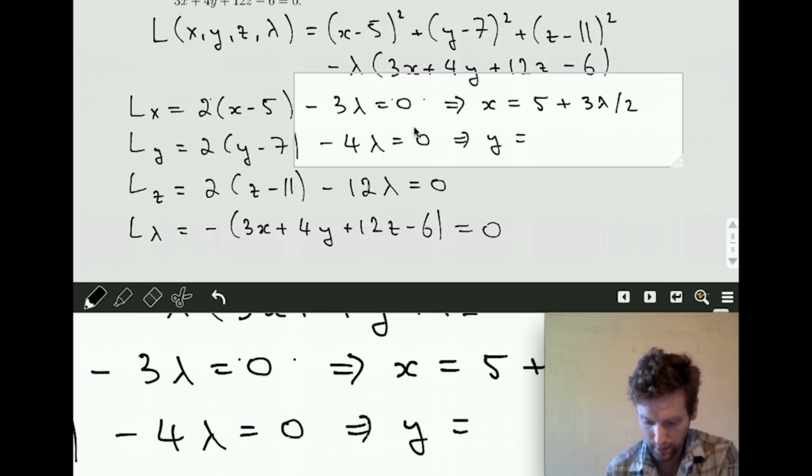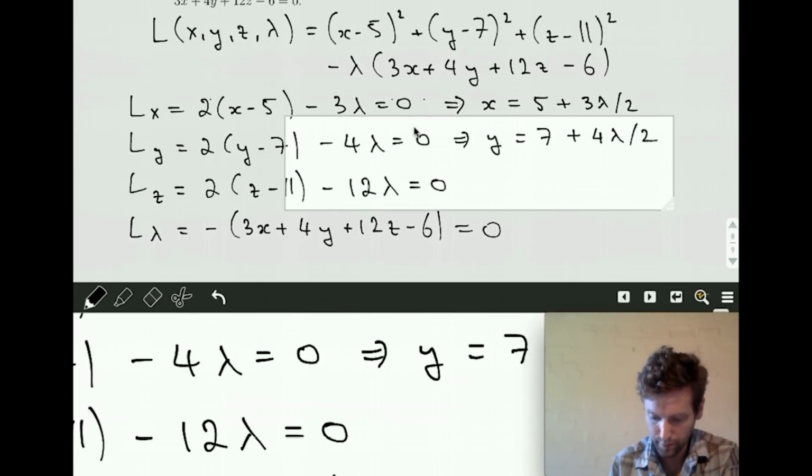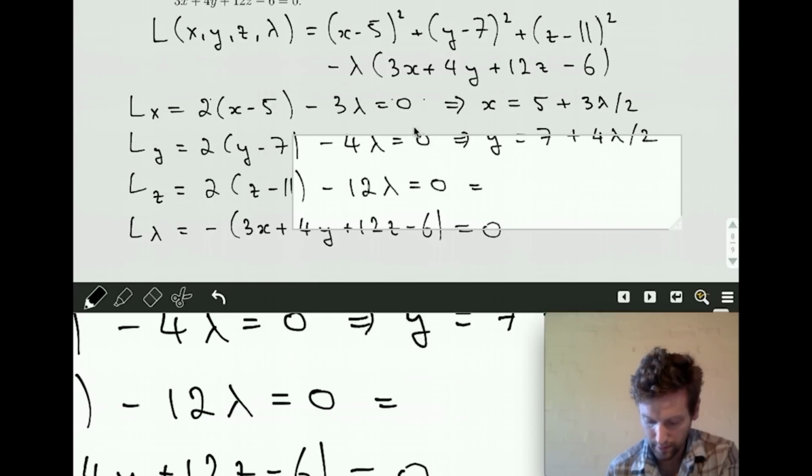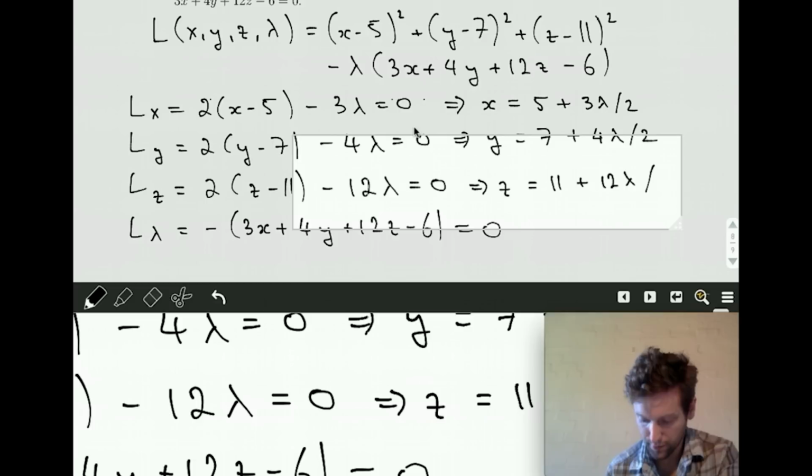Y will be 7 plus 4 lambda divided by 2. And z will be 11 plus 12 lambda divided by 2.